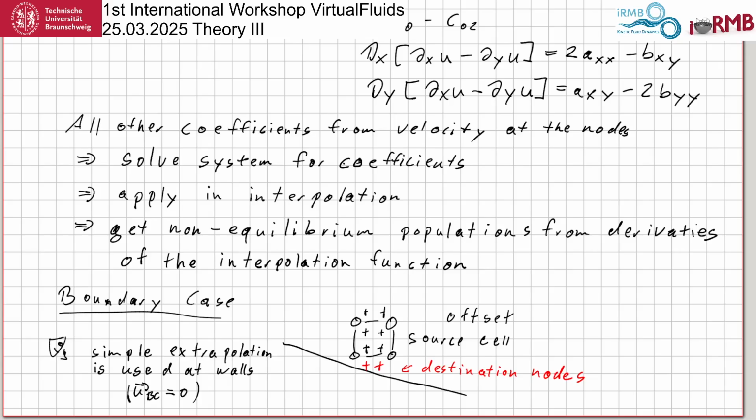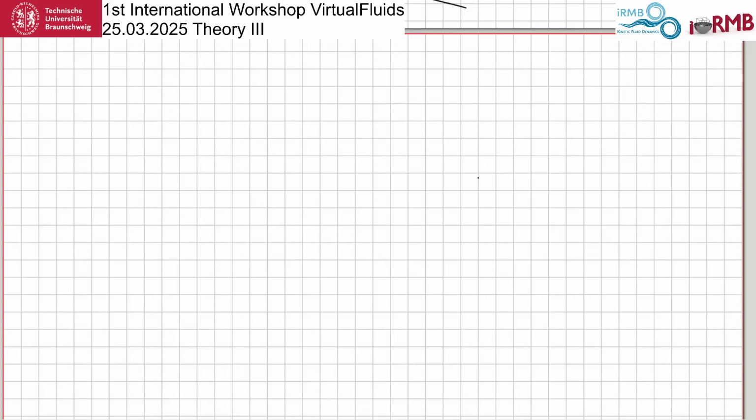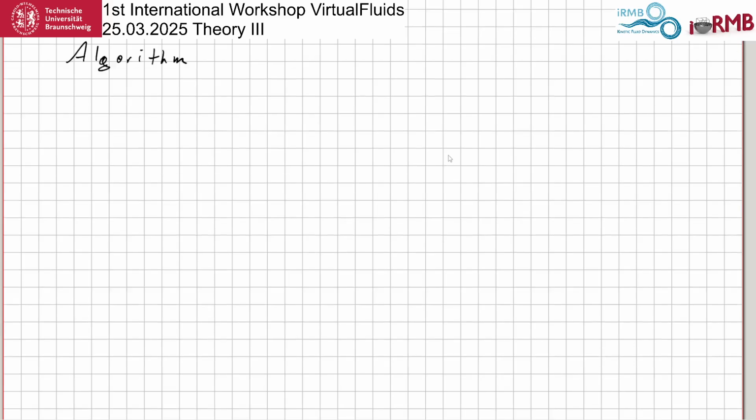Okay, last page. Algorithm. Okay, still I need to draw something. Now say we have a fine domain on the left side and we have a coarse domain on the right side. Say there's a coarse node here and a coarse node there. And these here are my interpolation cells.